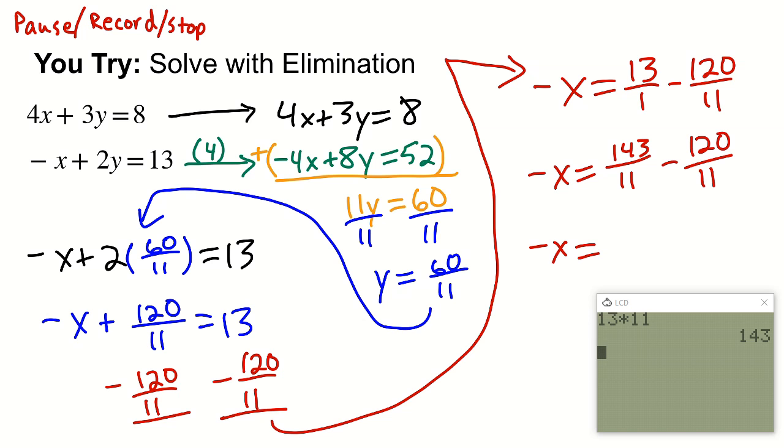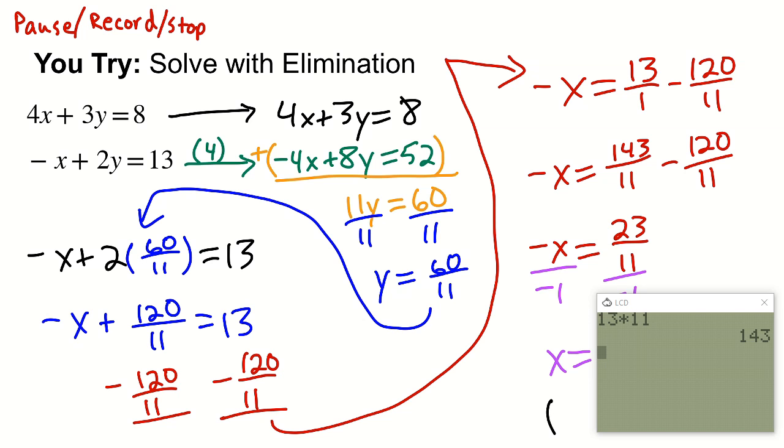So now we have negative x is equal to some fraction over 11, and we do 143 minus 120, and that is 23. And now we have a negative x here, which means we need to divide by negative 1. And that just means that we change the sign to negative 23 over 11.